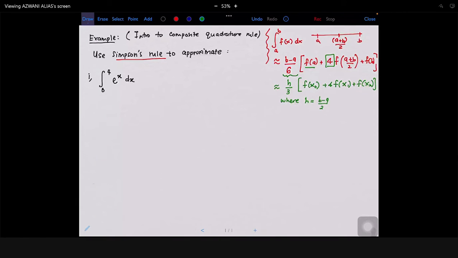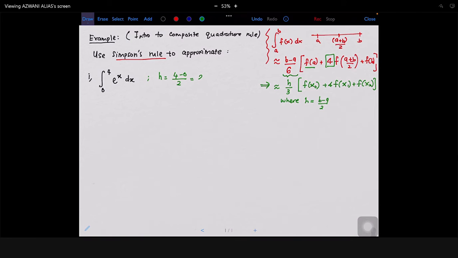Alright. So diberi kat sini the first integration ni limit adalah from 0 to 4. So apa kita buat adalah, what is the value of H here? Saya follow yang ni, the value of H. (4 minus 0)/2, so H kita adalah 2.